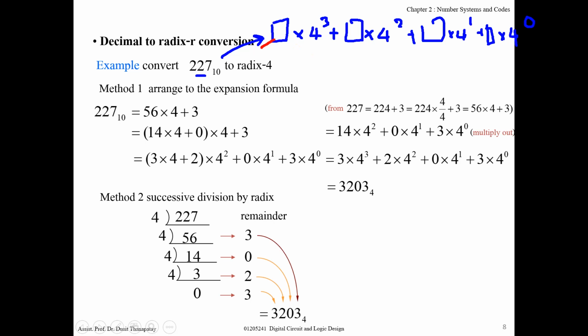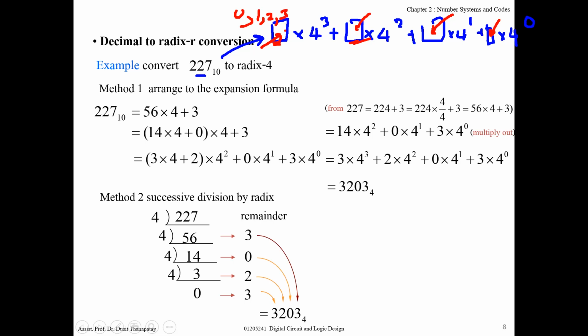If you can find out the value, okay, for each position as coefficient that multiply 4 to the power of something, and this number, because it's radix 4, right, it can be 0, 1, 2, and 3.